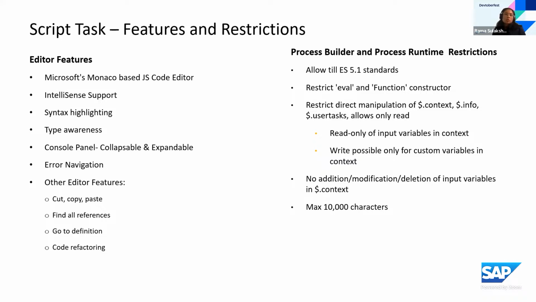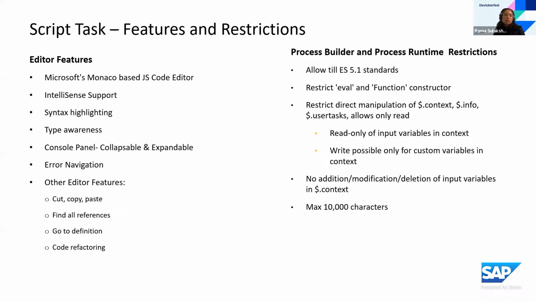So what are the features which we are offering as part of the script editor? The script editor is based on Microsoft Monaco, where you can write the JavaScript code. It comes with inbuilt IntelliSense support, syntax highlighting of the JavaScript code, and type awareness, meaning you can get to know whether the data type is of type string or integer, and so forth.